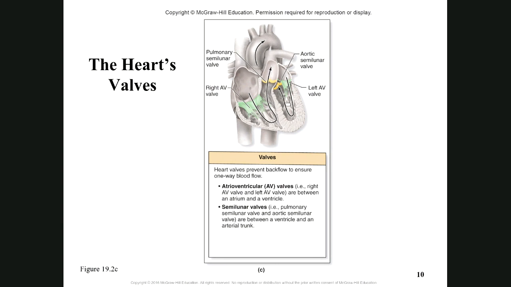And we have two semilunar valves in yellow here. You can see the pulmonary semilunar valve between the right ventricle and pulmonary trunk, and you have aortic semilunar valve between the left ventricle and the origin of our aorta.